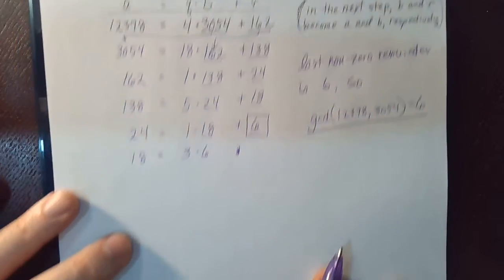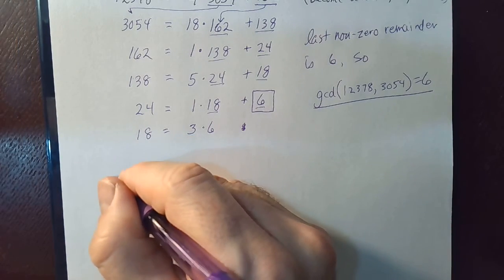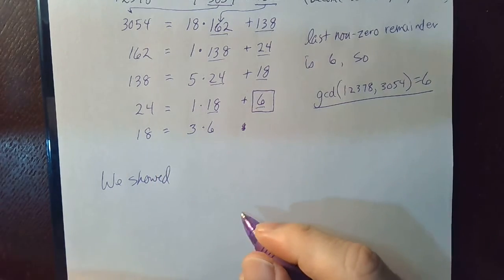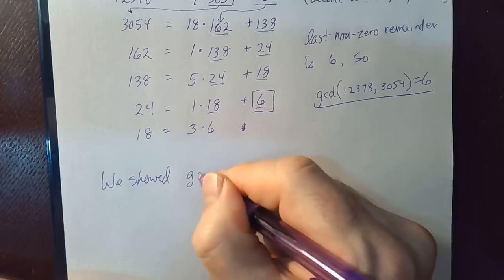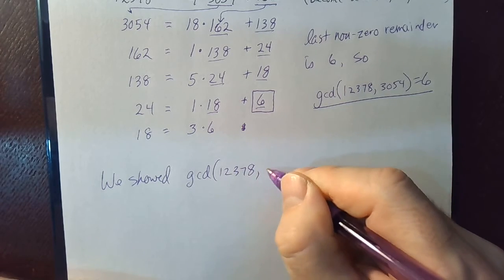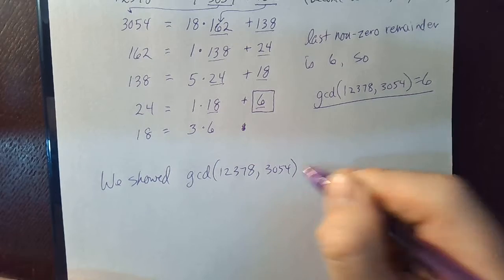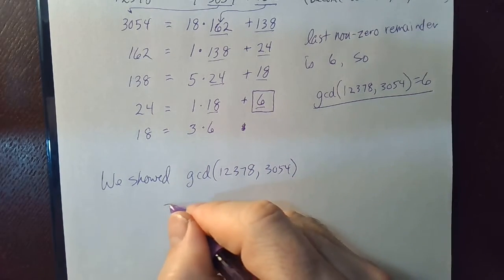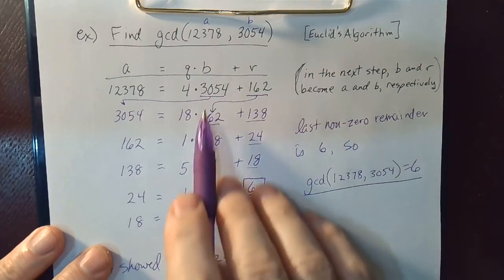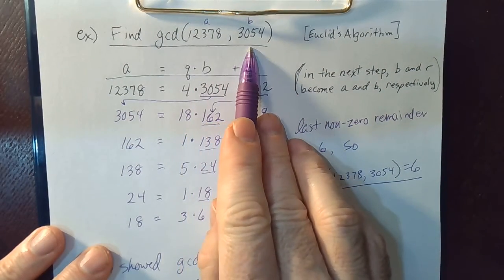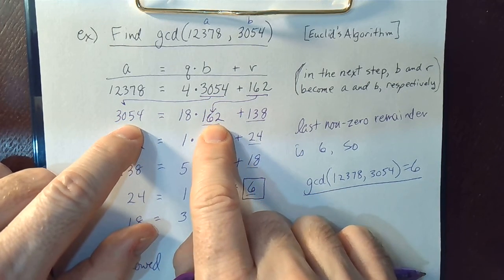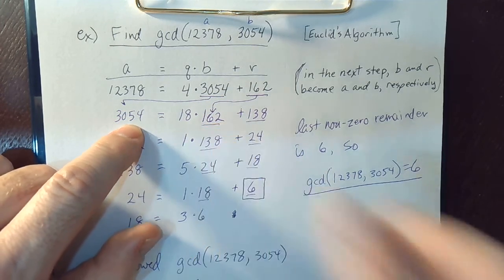What we did was, we didn't really talk about this before, but we showed that the GCD of 12,378 and 3,054 is equal to, remember that was our first A and B right here. What was our next A and B? 3054 and 162.